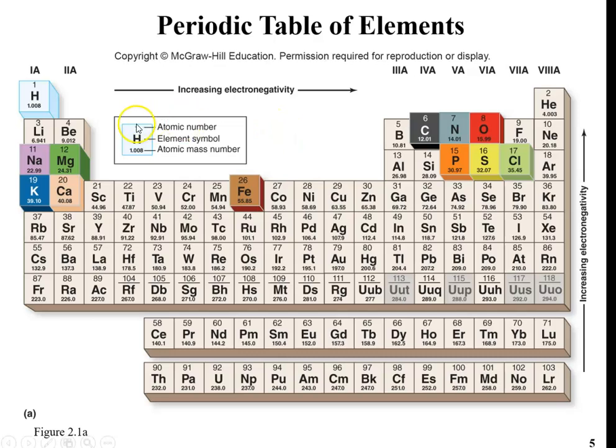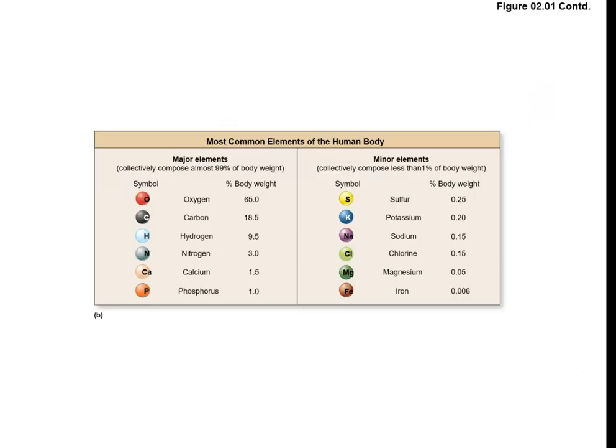For example, sodium is involved in osmosis throughout your cells. So it's also an important electrolyte. Here it is again, the most common elements in the human body, and these are the elements we'll primarily be talking about. It tells you how much of your percentage body weight each element makes up.